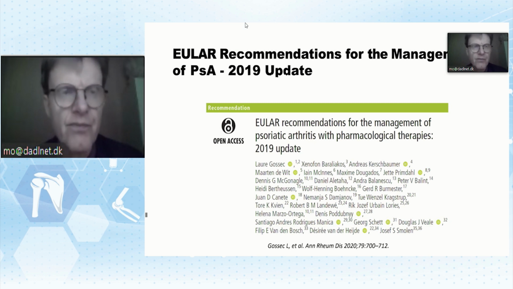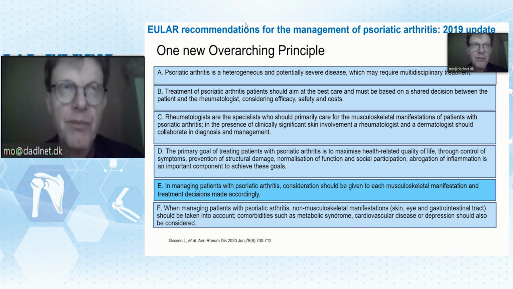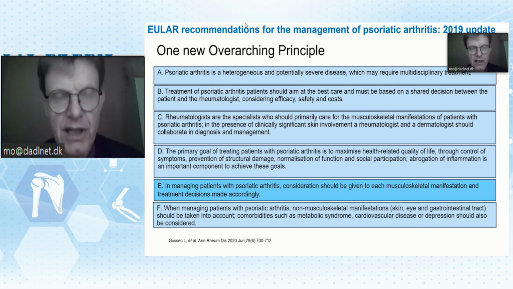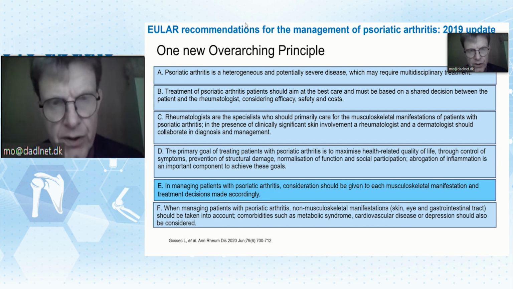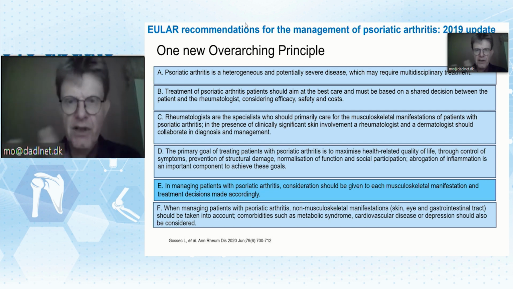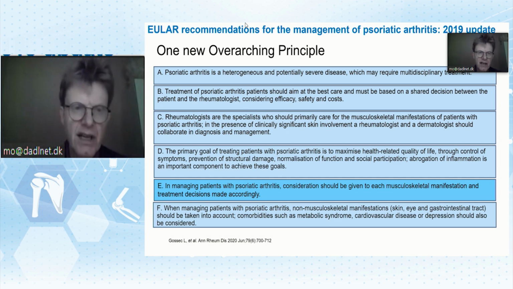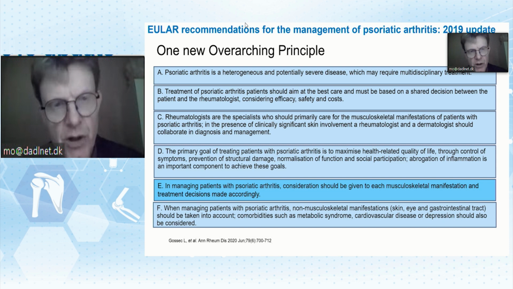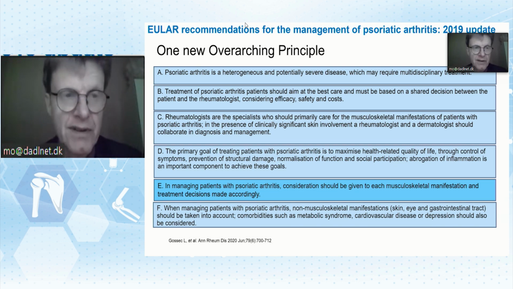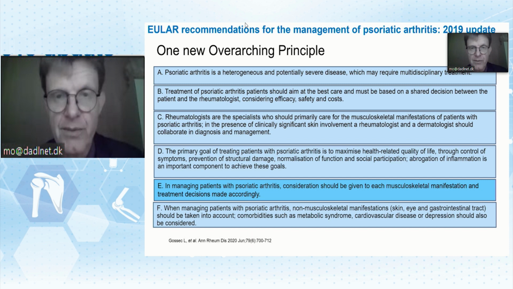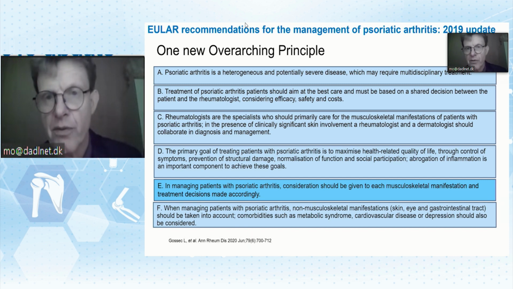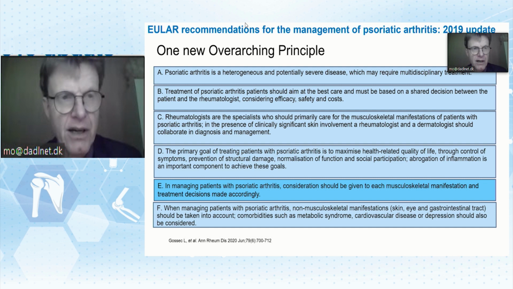And they were in many ways quite similar to the recommendations that were published previously by EULAR, but they made an increased focus on the fact that you should consider the individual musculoskeletal manifestations in order to provide the best possible treatment to the patients, which is obviously the overall goal to maximize, as it says at point D here, health-related quality of life, relieving symptoms, prevention of structural damage, and normalizing function.